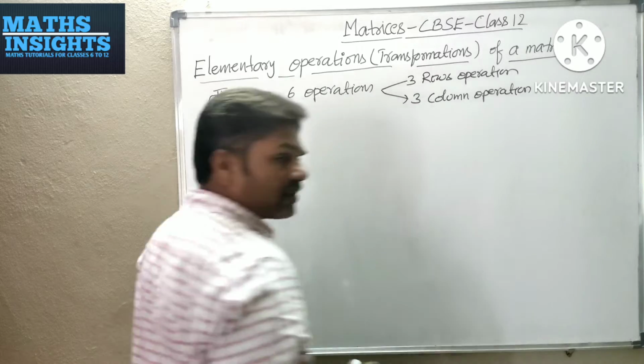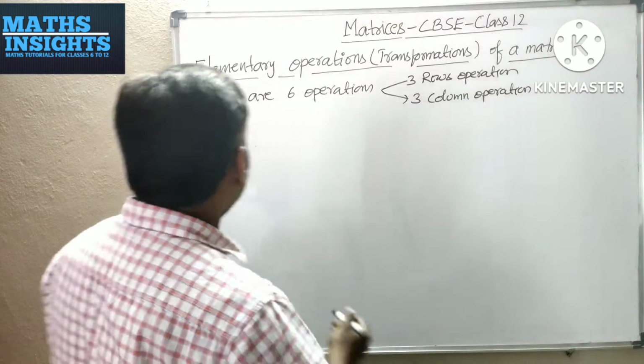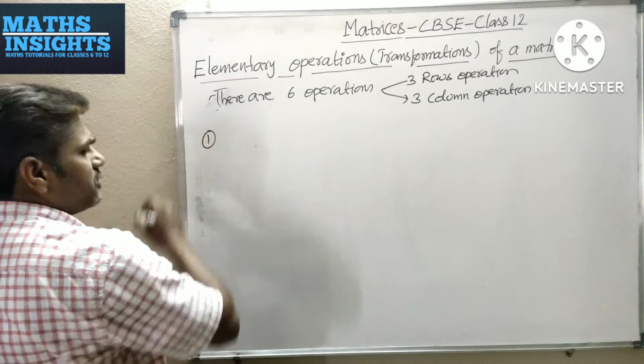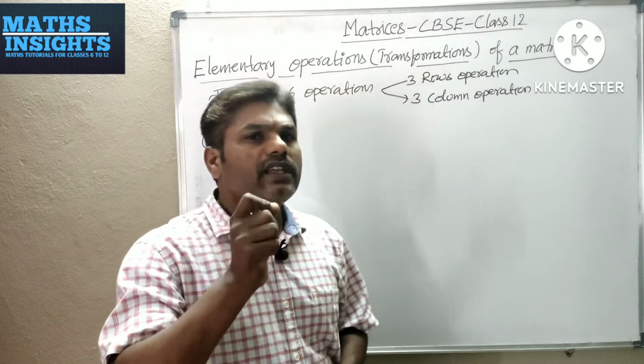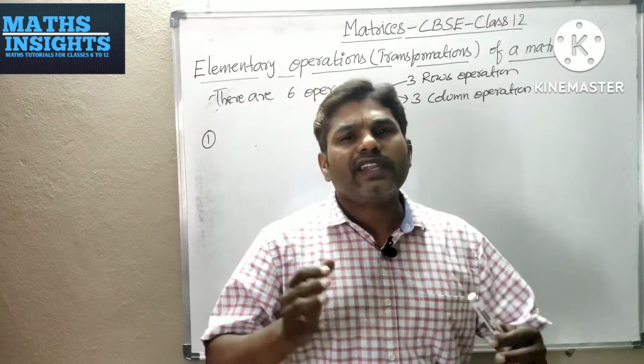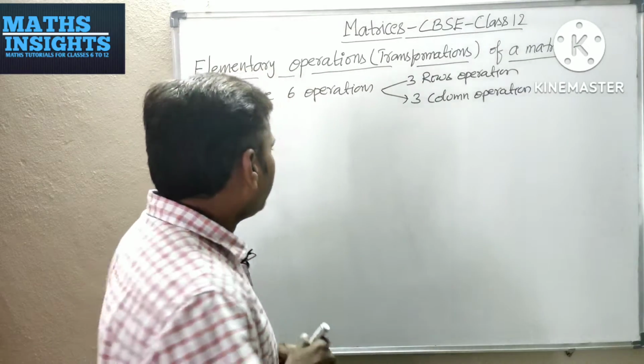So the question arises, why are these operations? As I said, to make the calculation very simple. The first operation: you can interchange any row with any other. Similarly, you can interchange any column with any other column of the matrix.